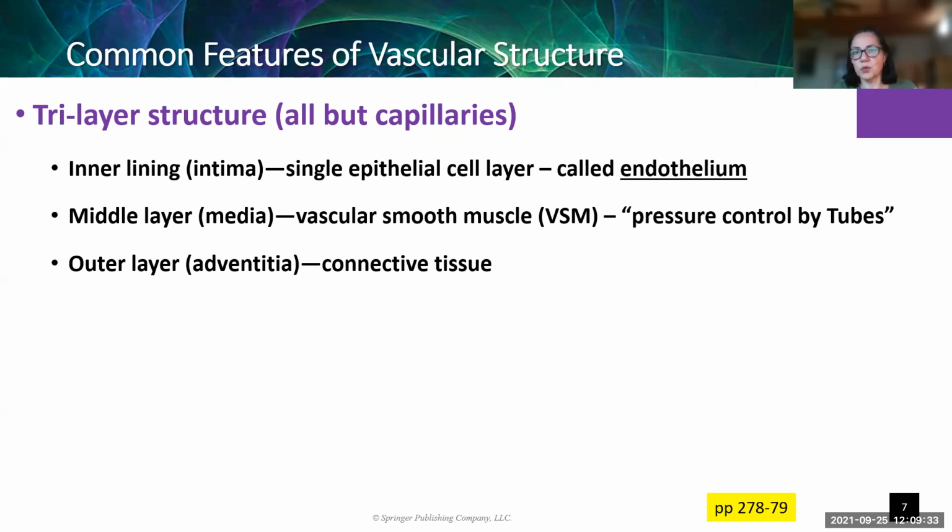It's this smooth muscle here primarily in the arteries, but also in the veins as well. And finally, the outer layer is connective tissue. As we'll see, lots of elastin in the arteries and collagen as well. This material is covered on these pages.